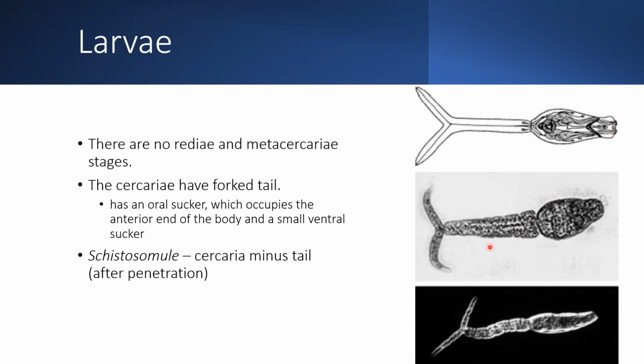During the penetration, its tail tends to detach from its head, which has those suckers. After penetration, this is now called the schistosomule, cercaria minus the forked tail.